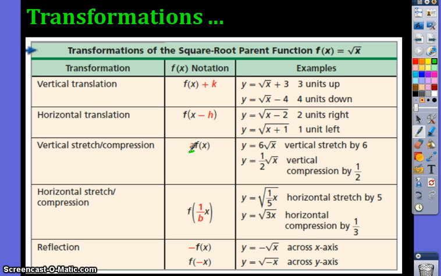When we do a horizontal stretch or compression, we're multiplying what's underneath the radical by something. We want to note that we're doing the inverse, or the reciprocal. So if it's 1/5, your stretch is going to be by 5. If it's 3, your compression is going to be by 1/3. Reflections have the same rules. Vertical and horizontal translations have the same rules.